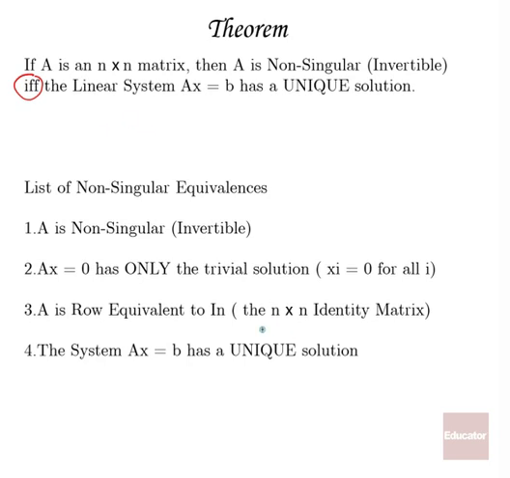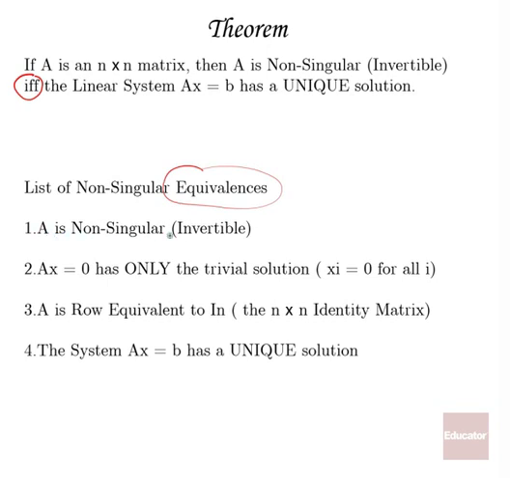Okay, so the list of non-singular equivalences. These are equivalences, which means that 1 is the same as 2, is the same as 3, is the same as 4. What that means is any one of these can replace any other one of these. This doesn't mean that if this is so, then this is so. They're all equivalent. They're just different ways of representing the same thing.